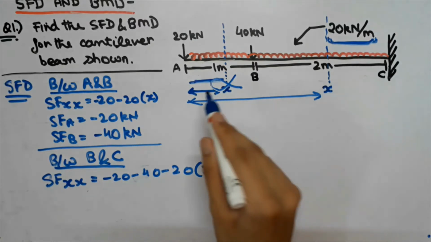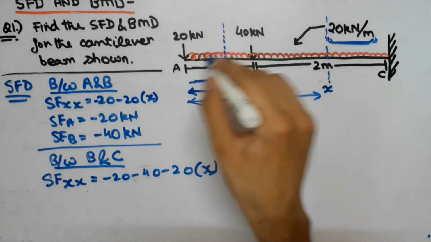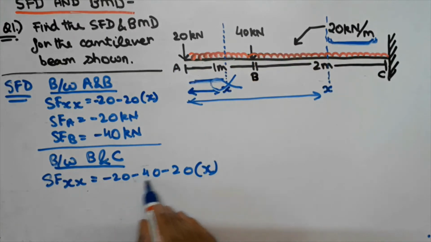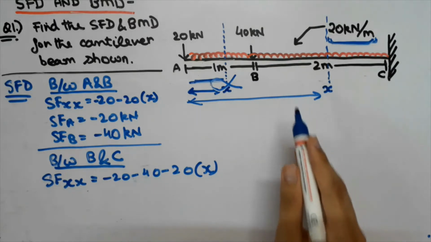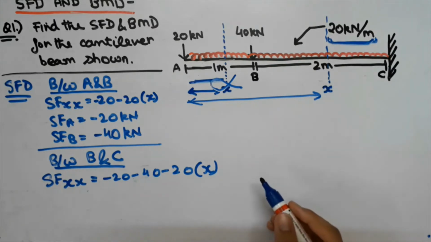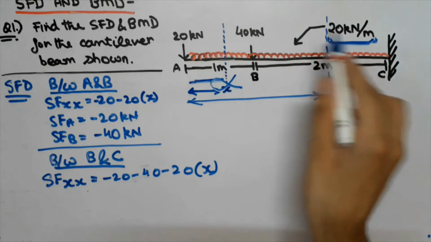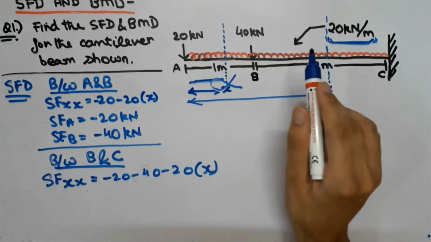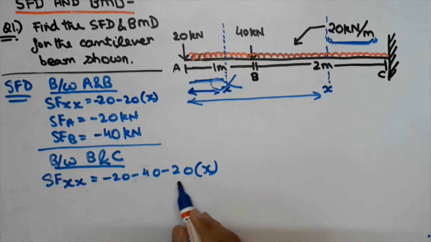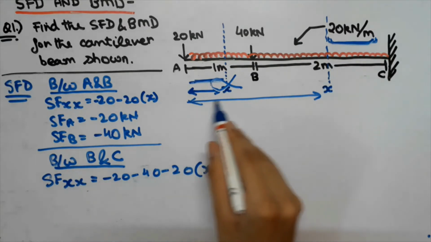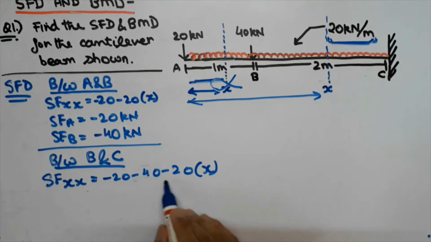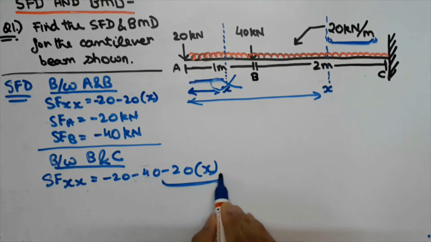That is, when we are moving from left to right and the forces are acting downwards, then we will write them as negative, and the forces which are acting from below, that are upwards, we will take them as positive. But as in this question we do not have any upward forces, we only have downward forces, so all the forces are coming out to be negative for SFD when we are moving from left to right. Now this part, that is the UDL part.